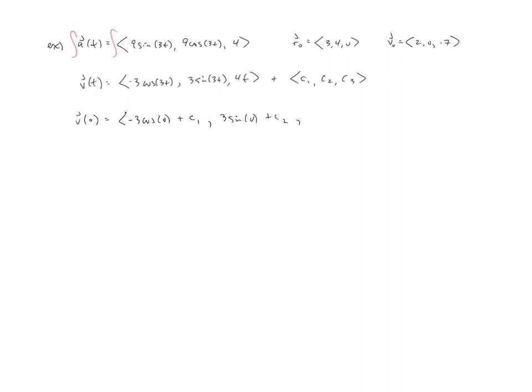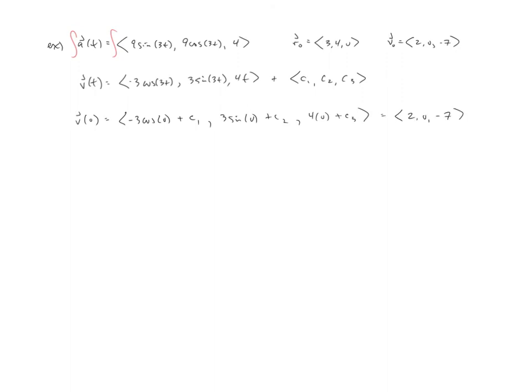And then I'll have a 4 times 0 plus c3. So I went ahead and evaluated at zeros there. And then knowing that I'm adding c1, c2, c3 to the correct components, that's going to now be set equal to 2, 0, -7.